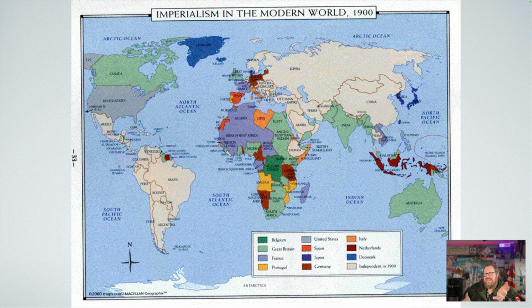Same with the United States, largely until we do start taking over small overseas territories. But oftentimes the United States is sort of exempted from the talk of imperialism because, well, it was all just manifest destiny. But I would say if you ask the Native Americans, yes, this was highly imperialist.